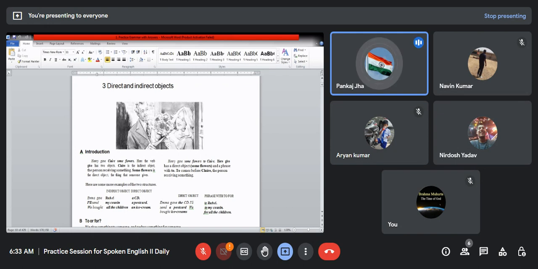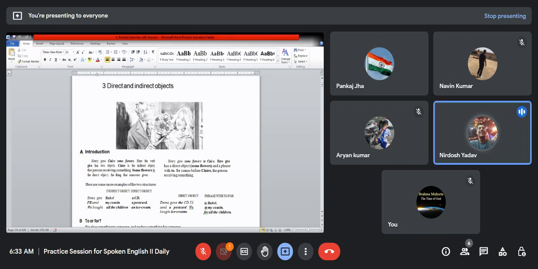This paragraph has examples also. Here are some more examples of the two structures. Indirect object, direct object, and direct object, phrase with to or for. Emma gave Rachel a CD. I'll send my cousin a postcard.